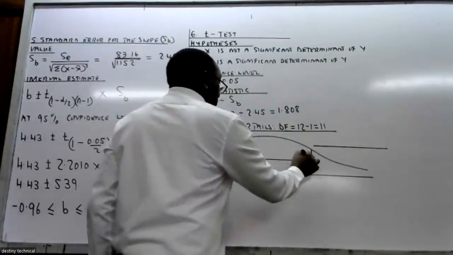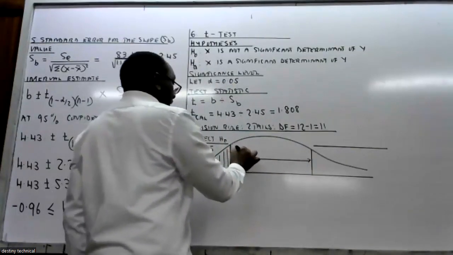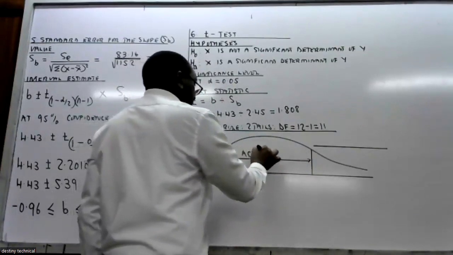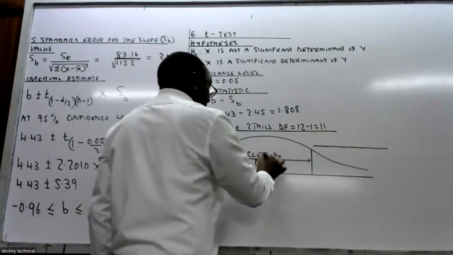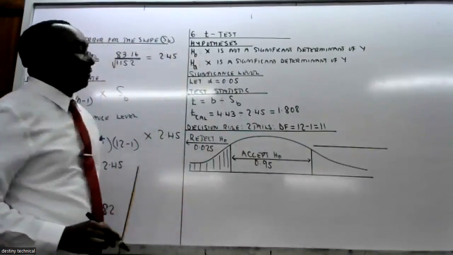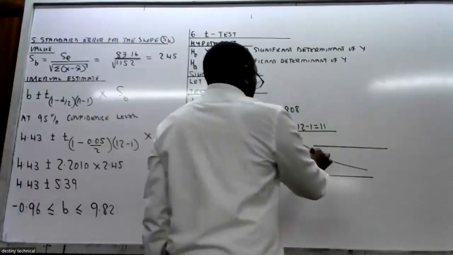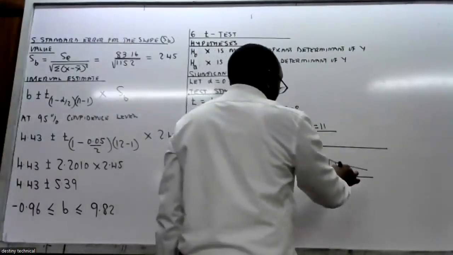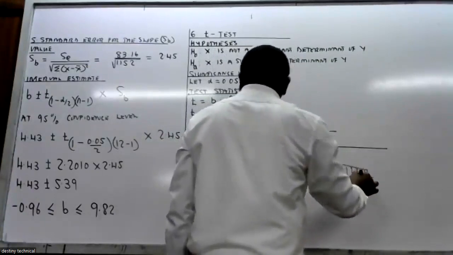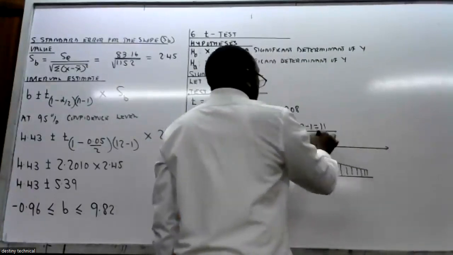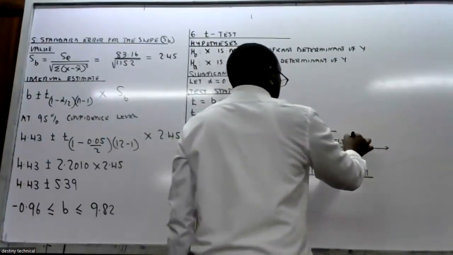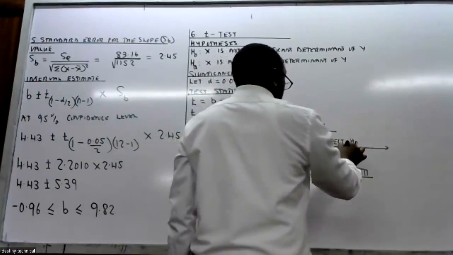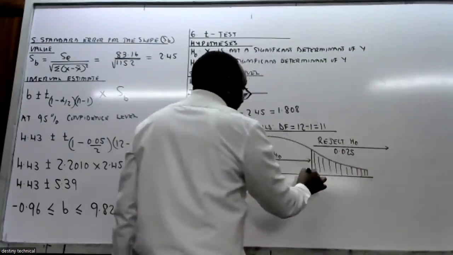If you are in between here, we say you accept null, which is 95%, 0.95. And if you are here, we will say you reject null, which is 0.025.